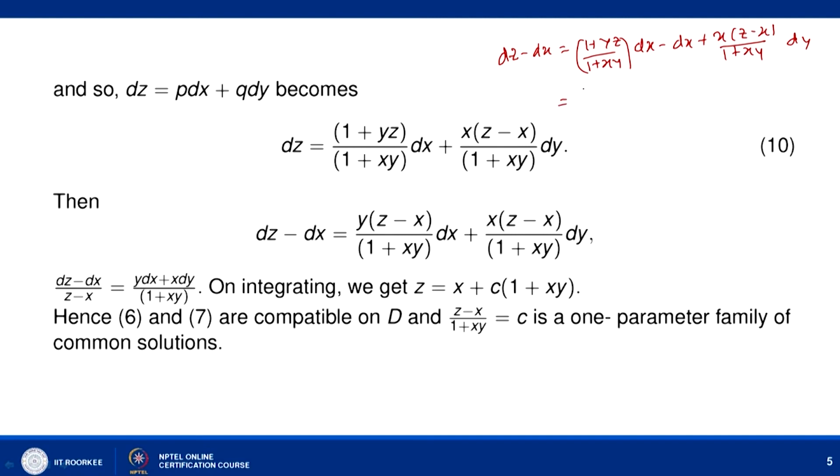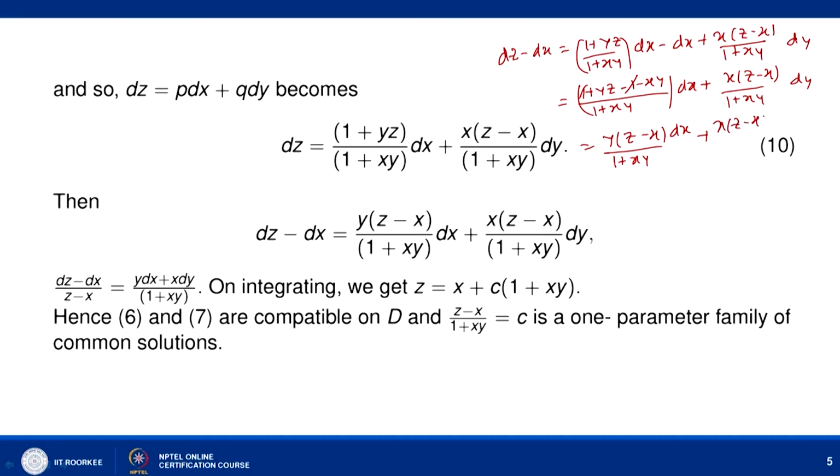If you simplify, it is (1 plus yz minus 1 minus xy) divided by (1 plus xy) dx plus (x into z minus x) upon (1 plus xy) dy. If you solve this, you can take y common: y(z minus x) dx divided by (1 plus xy) plus x(z minus x) divided by (1 plus xy) dy.